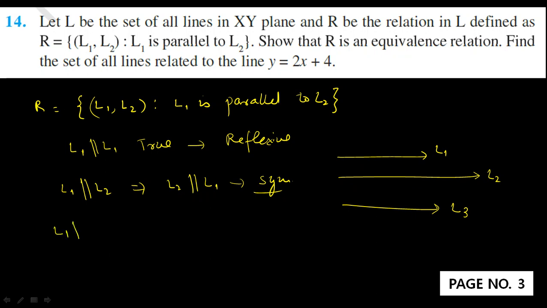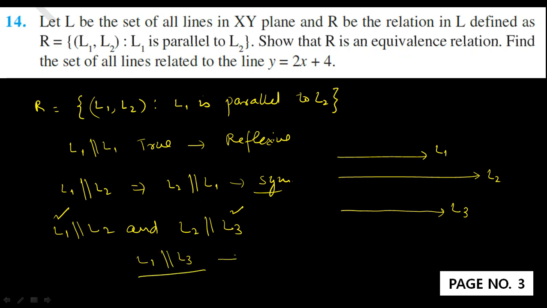If L1 is parallel to L2 and L2 is parallel to L3, it means L1 is parallel to L3 also. Therefore, transitive nature is there. If all the conditions hold good, it means the relation is an equivalence relation.